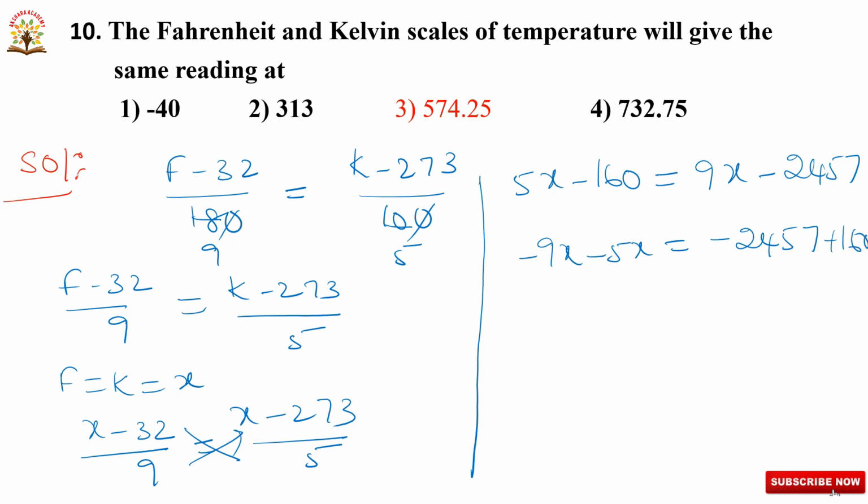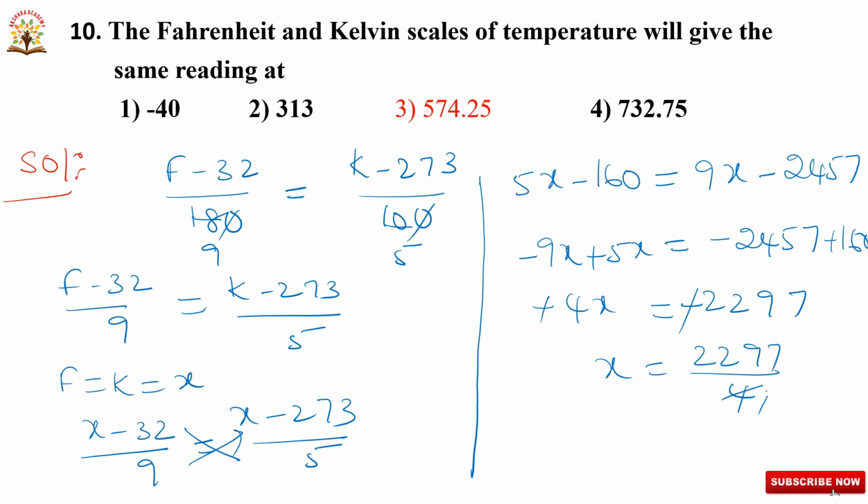So minus 9x plus 5x is equals to minus 2457 minus 160 going this side, plus 160. So here minus 9x plus 5x is minus 4x, that is equals to minus, here 2457 minus 160 becomes 2297. So here minus cancels, x is equals to 2297 by 4.